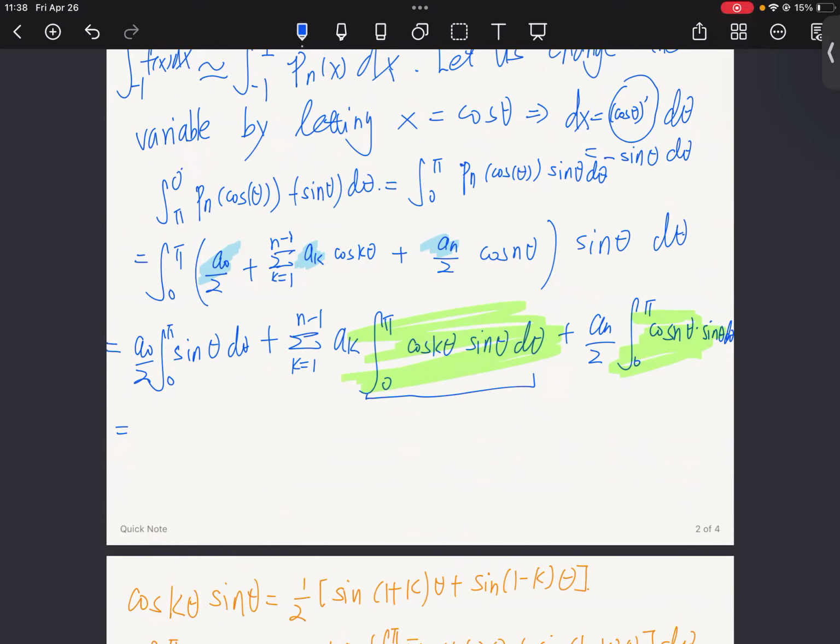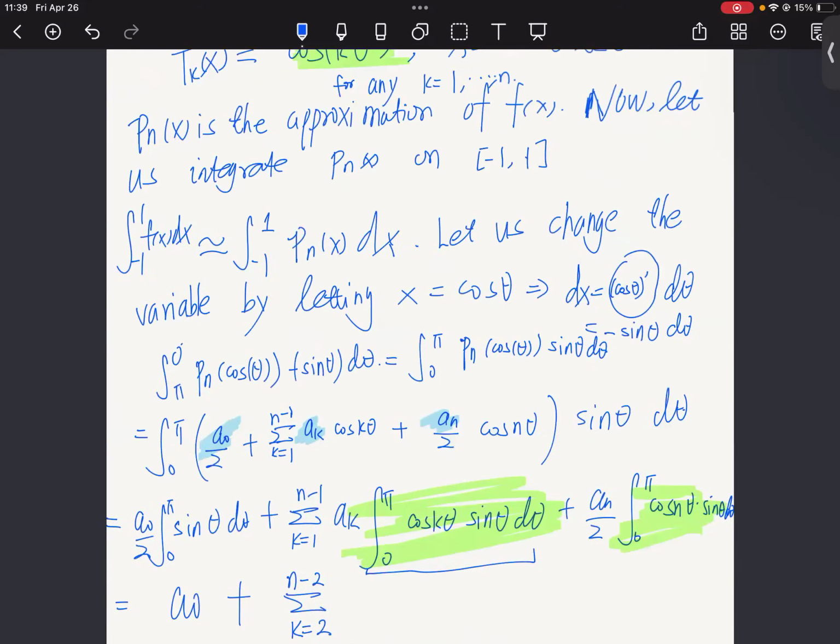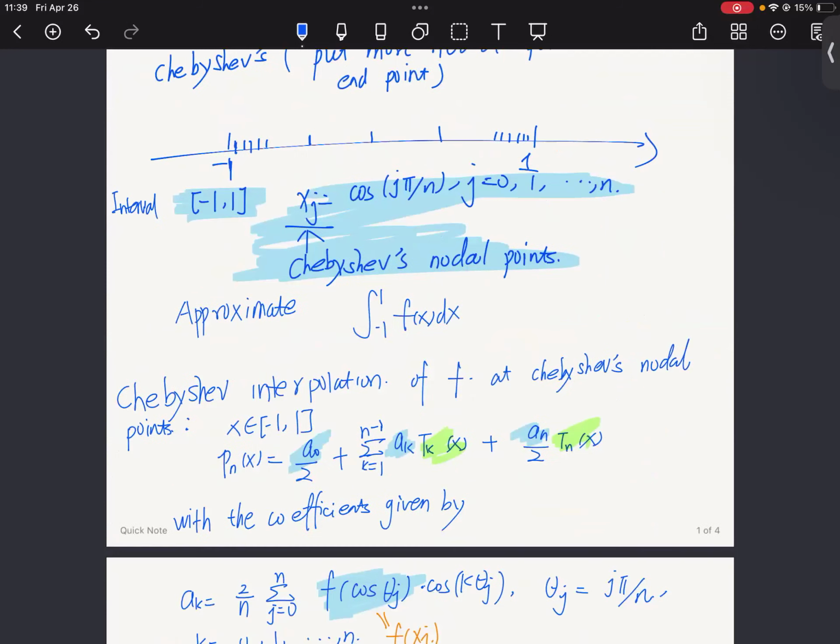The first item is just equal to a0. And then the second item, from the calculations below, for the odd index the term just disappears. So from the even order terms, k equals 2 to n minus 2. I also want to say that the n here should be an even number.